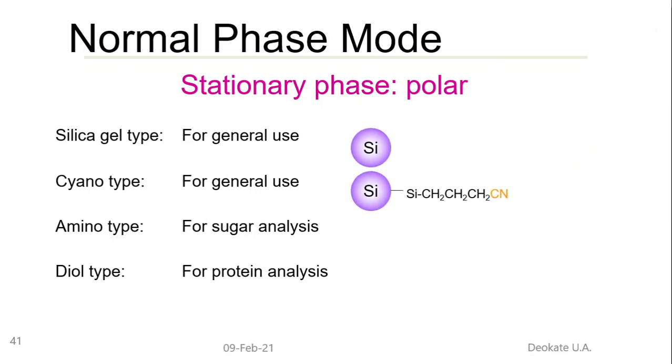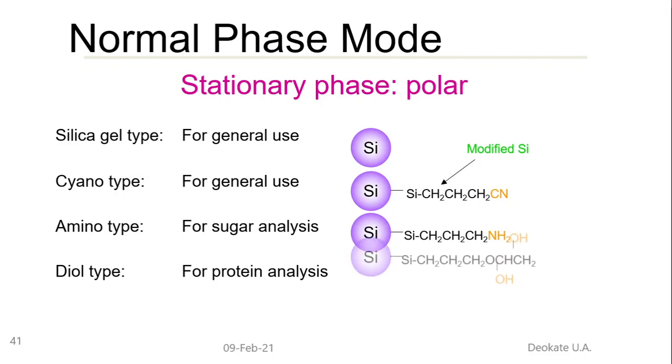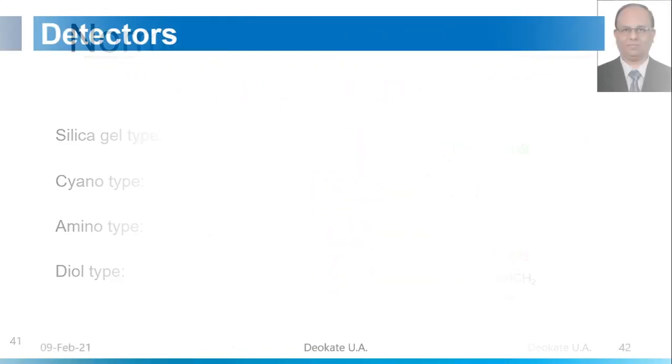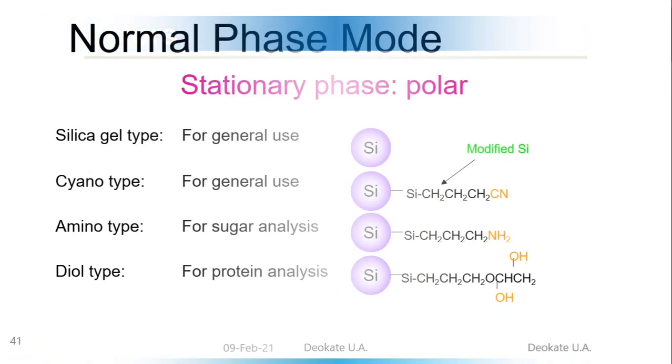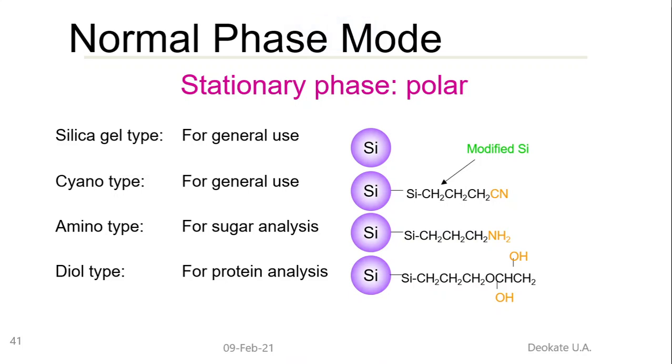Some chromatography which uses normal phase stationary phases include silica gel type. This silica gel is for general use, then cyano type, also for general use. Cyano groups are attached, that is, modified silicas are used.